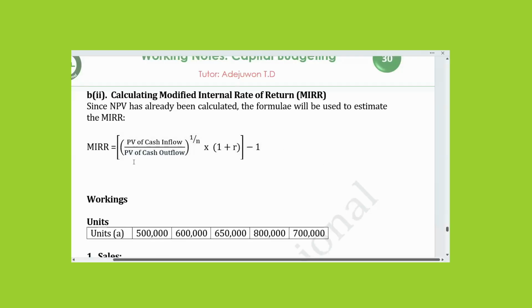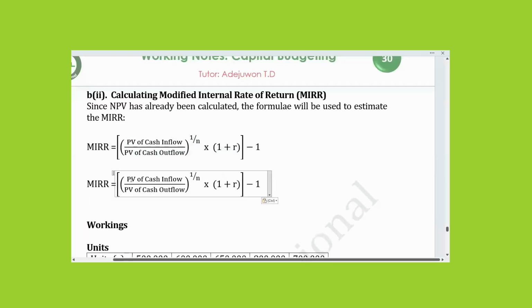So to calculate modified internal rate of return, it is present value of cash inflow over present value of cash outflow, raised to power 1 over n. N is the useful life of the project, all multiplied by 1 plus company's cost of capital, minus 1. Whatever you have thereafter will give you the modified internal rate of return.